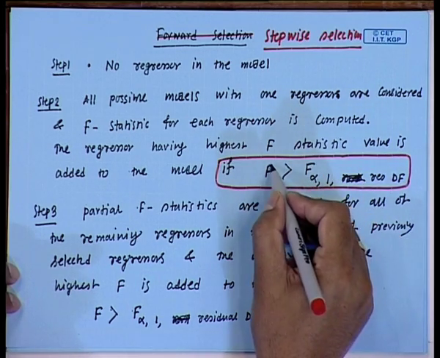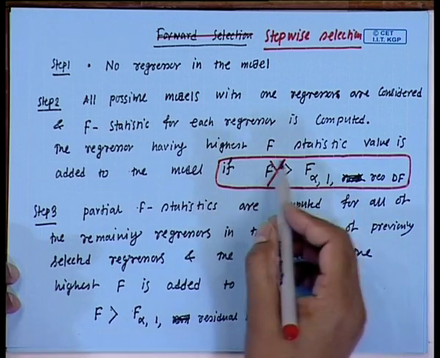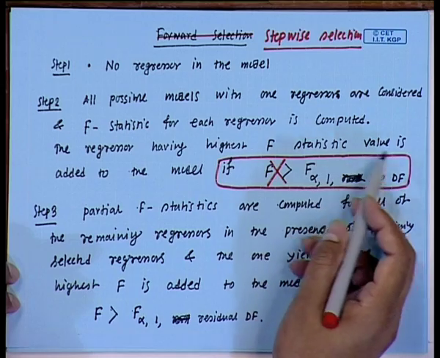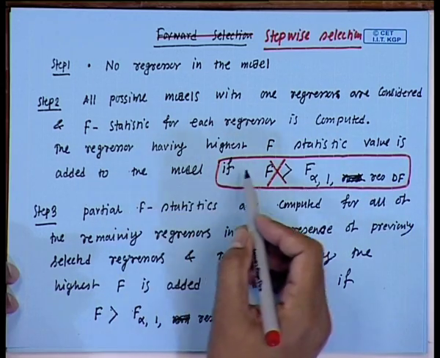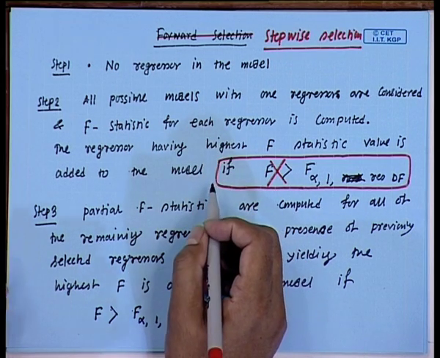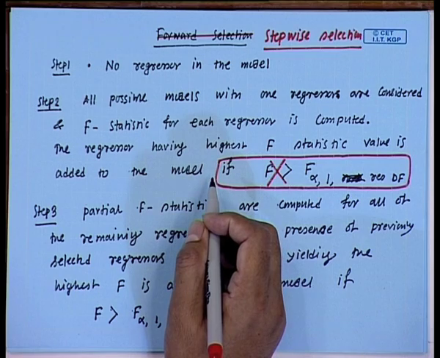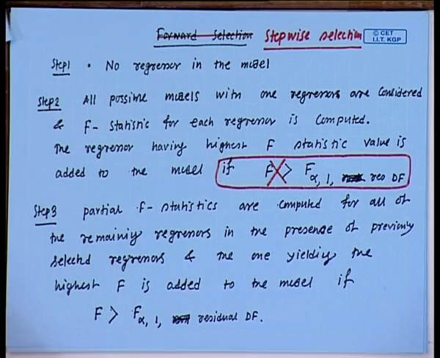So, you do not need to check this condition. The highest F statistic value is added to the model. If you can recall, in the last example x 4 had the highest F statistic value, and that was included in the model.